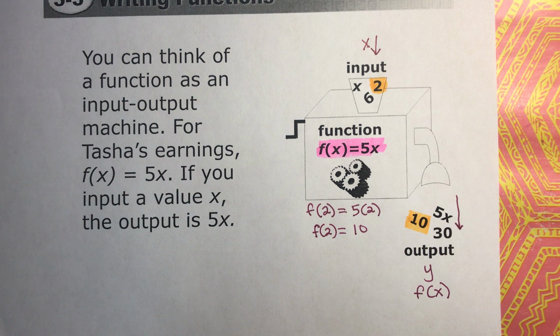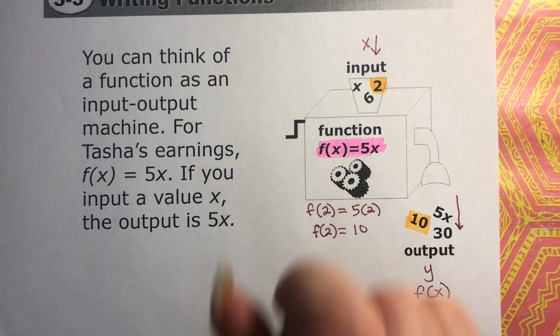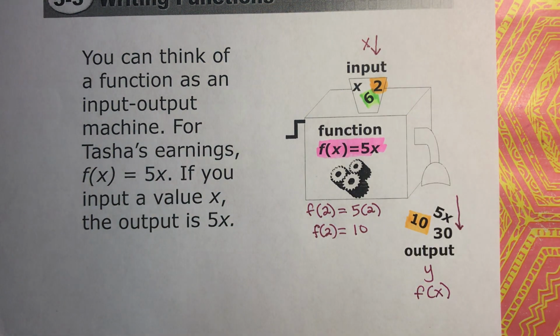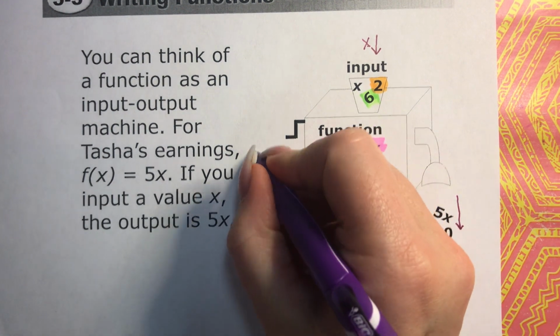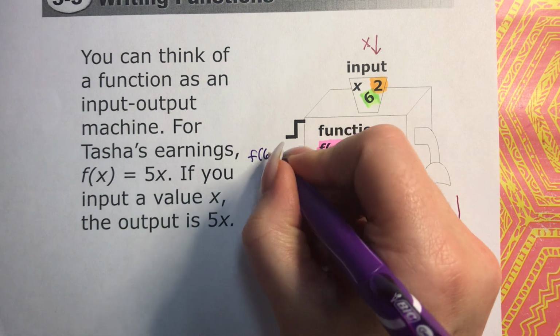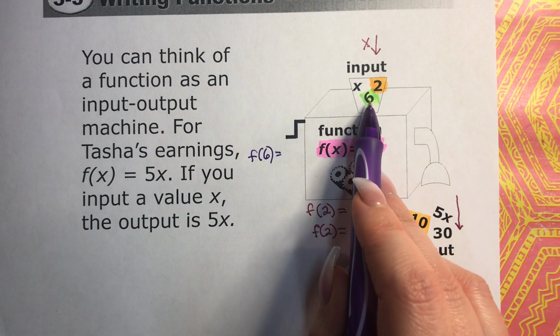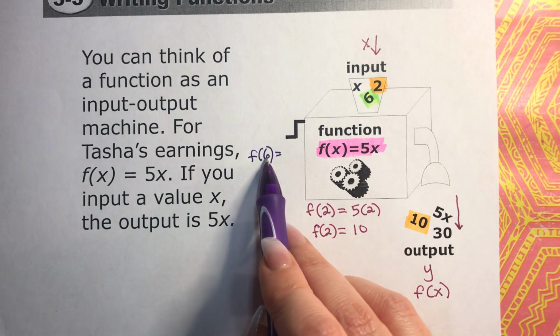Let's look at a different one. Let's say you put 6 in. Okay, so if you put 6 in as our input value into our input-output machine, what we're doing is we're putting in f of 6. And so we're going 5 times 6 because we're putting 6 in for the x, right?